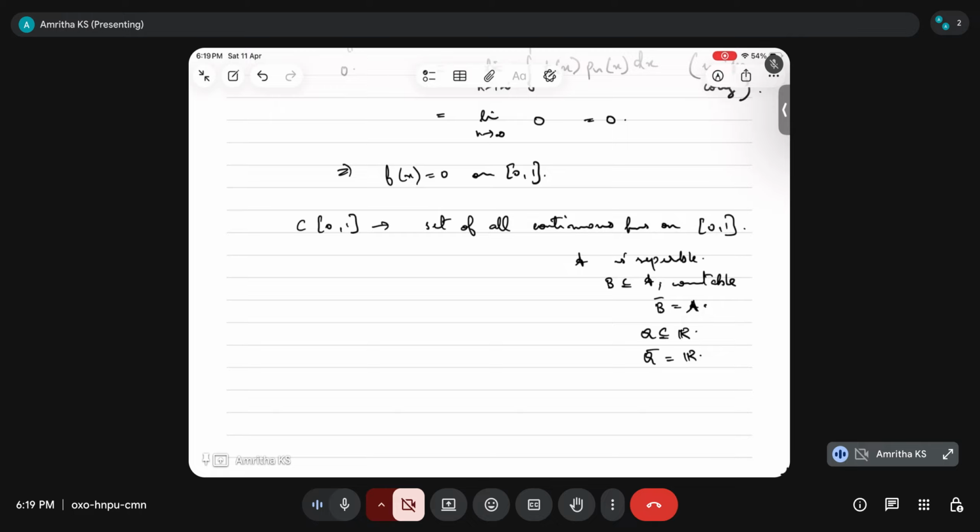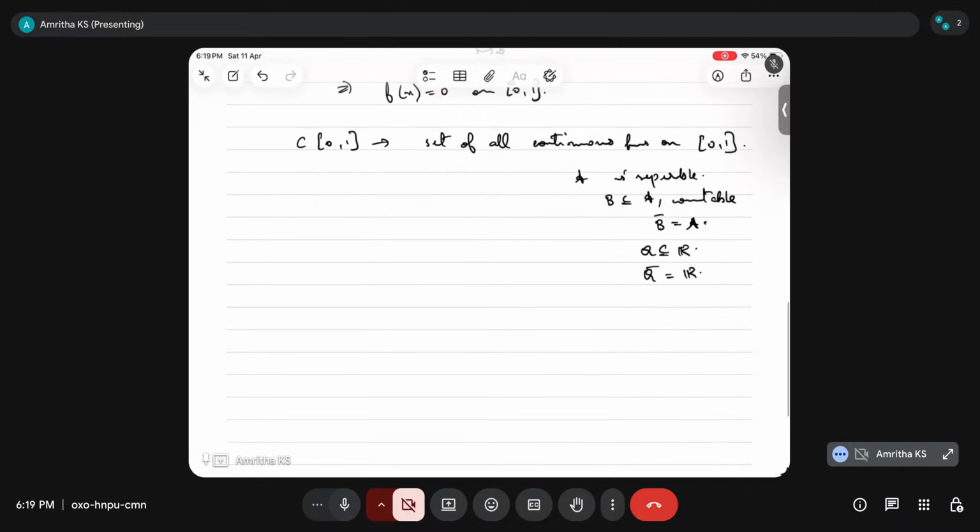To see what that countable set is, one can take all polynomials. Suppose I define P to be the set of all polynomials on [0, 1].